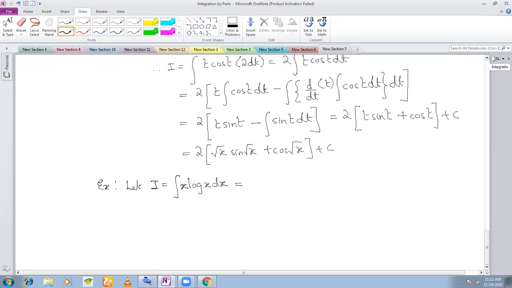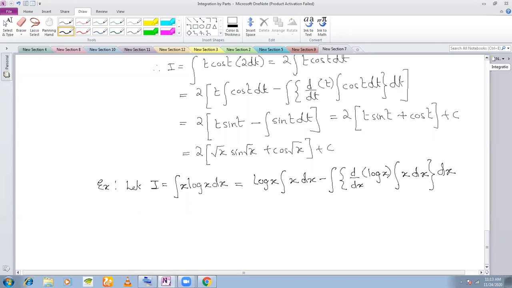So which one will be your first function? The logarithmic function. According to the ILATE rule, logarithmic function will be my first function. So I write this as log x integral x dx minus integral of the derivative of log x into the integral of x dx.